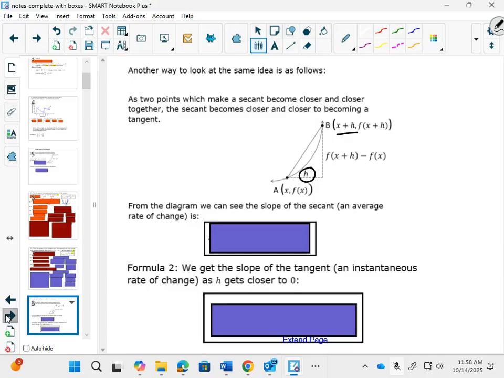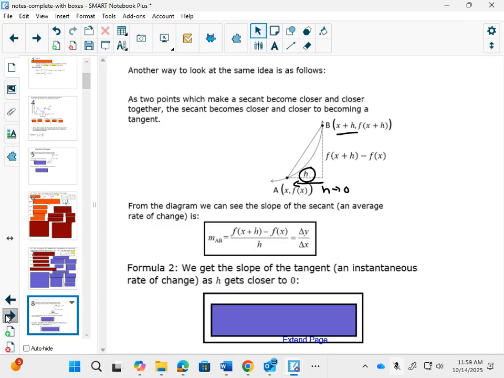And instead of making x get close to c, in this idea, we just make h go to 0.